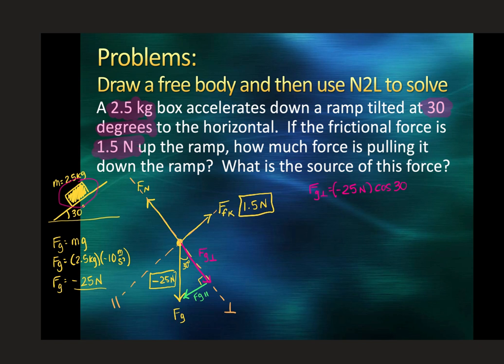And when I put that in my calculator, I am going to end up with FG perpendicular equal to negative 21.7 newtons. And I can come over and put that on here. So this is now negative 21.7 newtons.